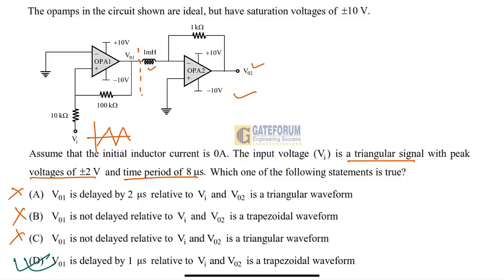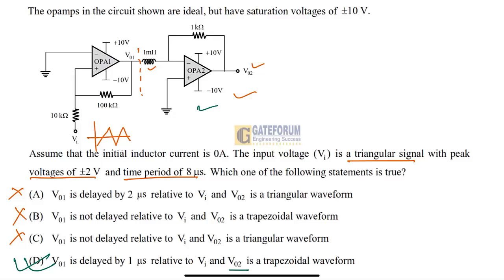So obviously it is giving that VO1 is delayed by 1 microsecond related to VI. And VO2: this second op-amp is an integrator circuit. It is going to integrate the square wave, which is the output from the first op-amp given as input to this second op-amp. So that will produce a trapezoidal waveform.